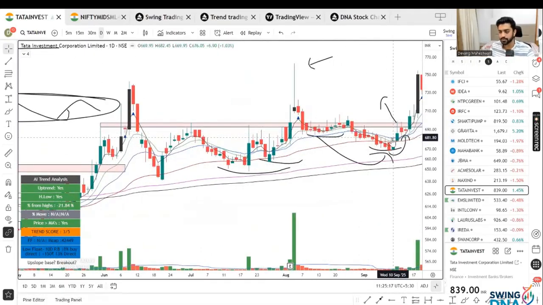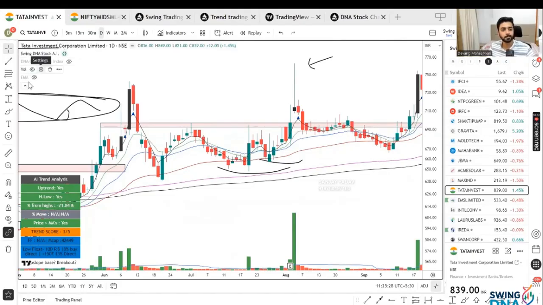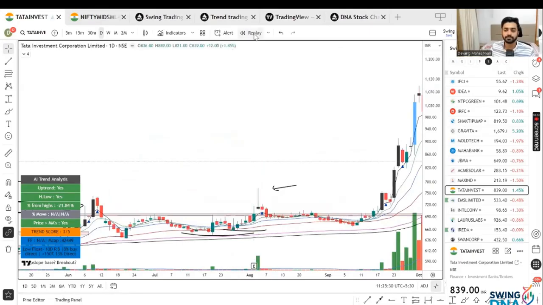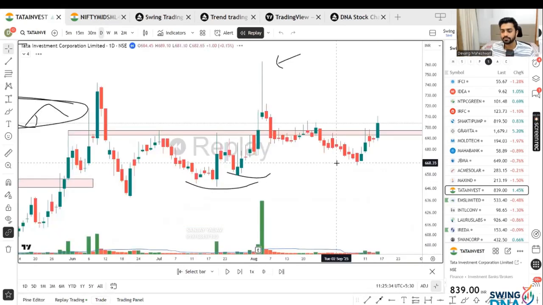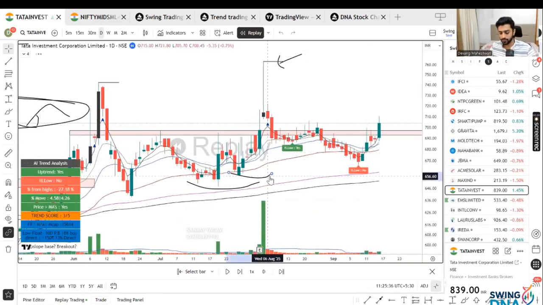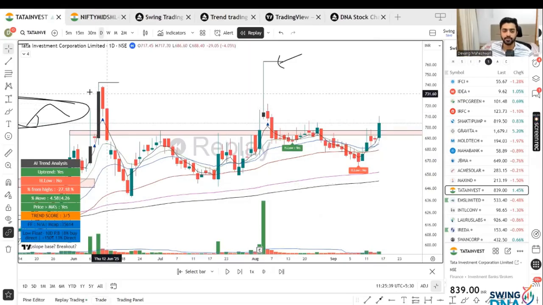Okay, let's erase this. Let's go to this particular day. So it gives you the higher low automatically. You don't have to do anything. This was a higher low, as we understood from here to here. This is a lower low.